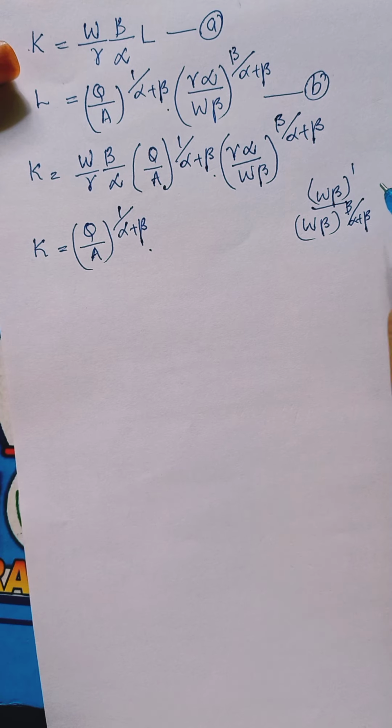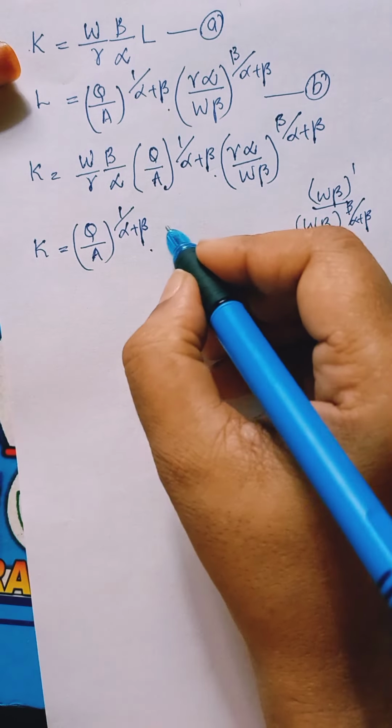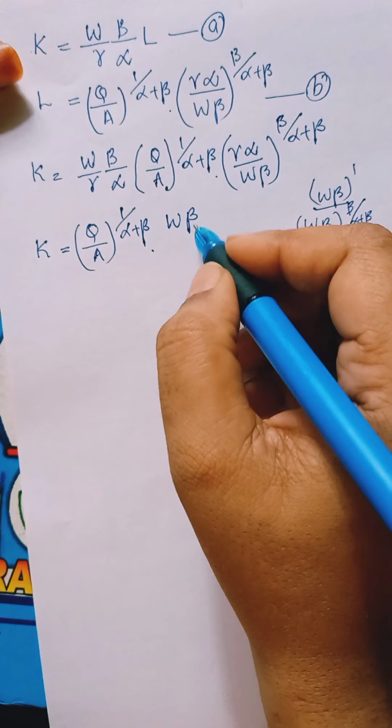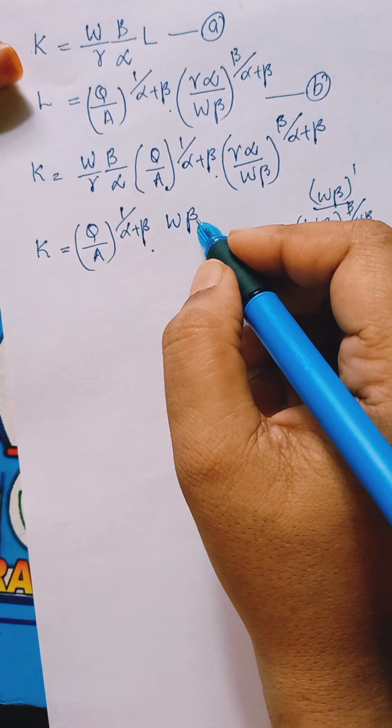Therefore, W beta will become W beta whole raised to alpha by alpha plus beta.